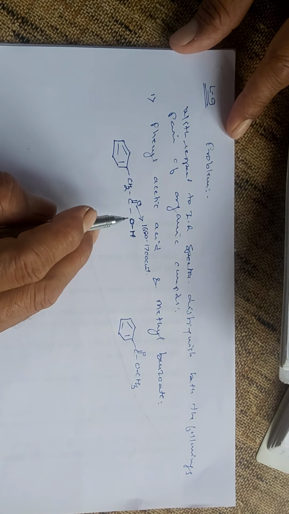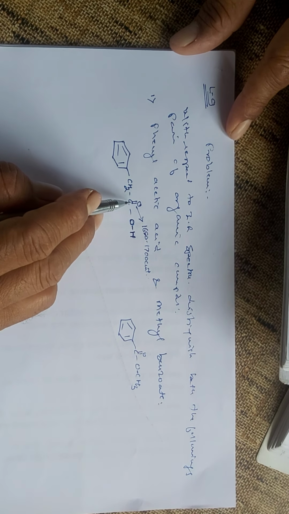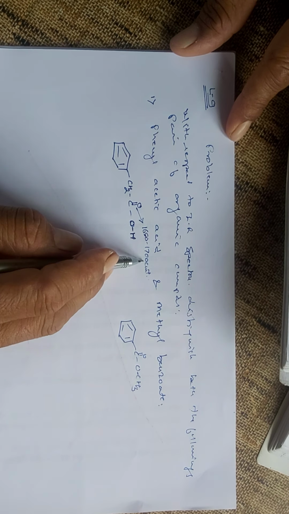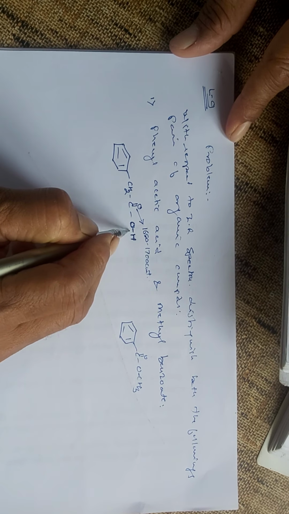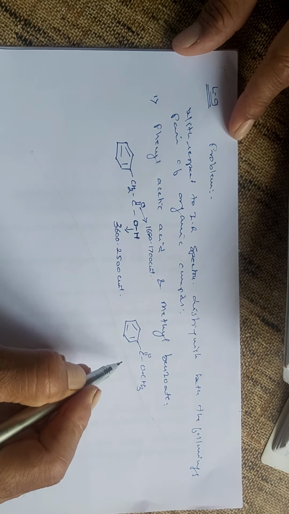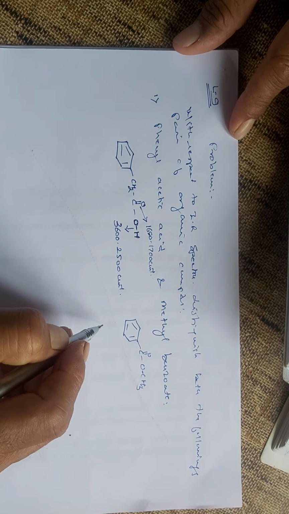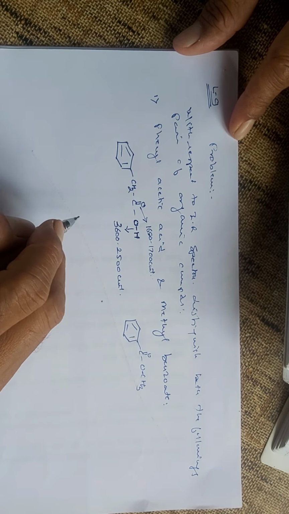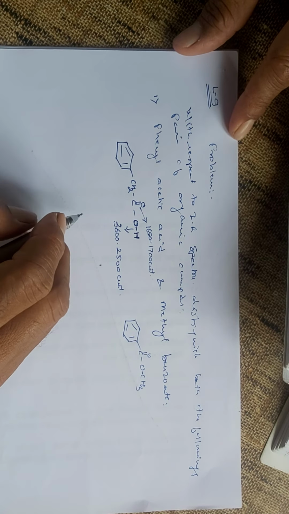Due to the presence of hydrogen bonding, the carbonyl group will show the absorption at a very lower frequency, and the OH group will show a broad band between 3600 to 2500 reciprocal centimeter, whereas in methyl benzoate the OH stretching frequency will be absent and the carbonyl stretching frequency will be present.